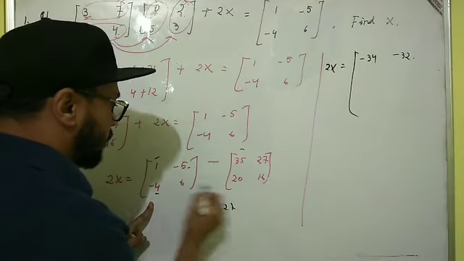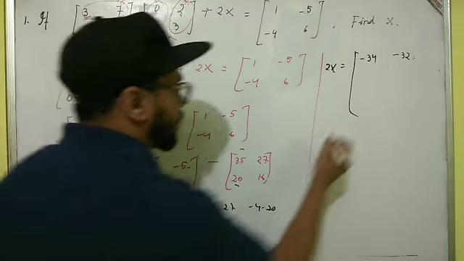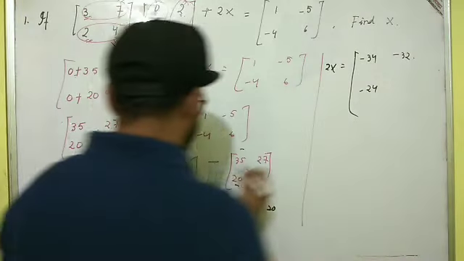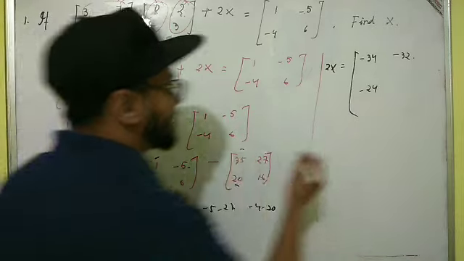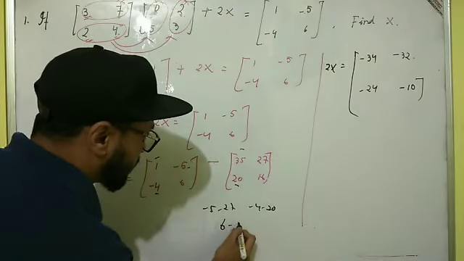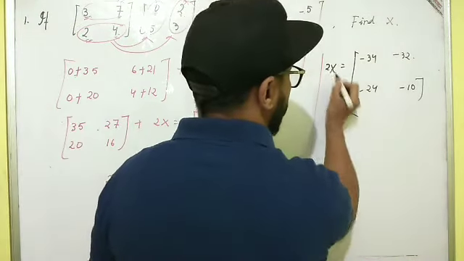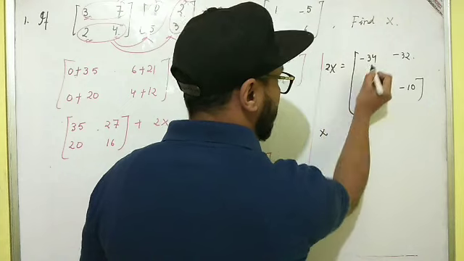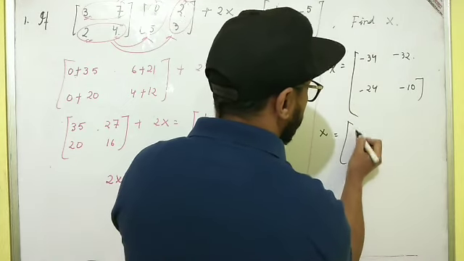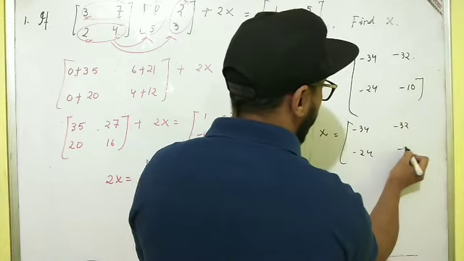Then third with third, minus 4 minus 20 will be minus 24, and then 6 minus 16 is minus 10. Isn't it? 6 minus 16 is minus 10. Now, x we have, and where will this 2 go? So this will be minus 34, minus 32, minus 24 and minus 10.